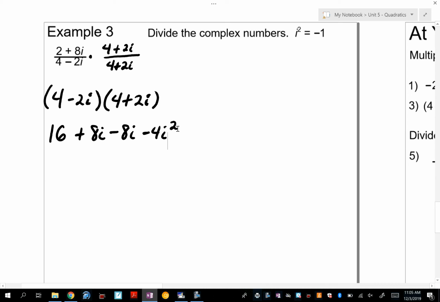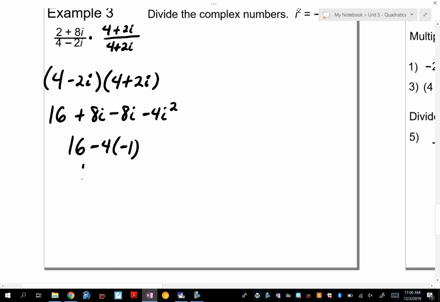The 8i and the negative 8i become 0. They're gone. So we have effectively eliminated our imaginary term in the denominator. Okay? But we still have to deal with that i squared. Right? So I'm going to write minus 4 times negative 1. Very good. So that's going to become 16 plus 4, which is 20.